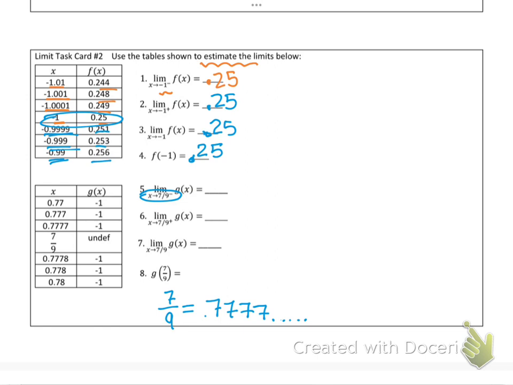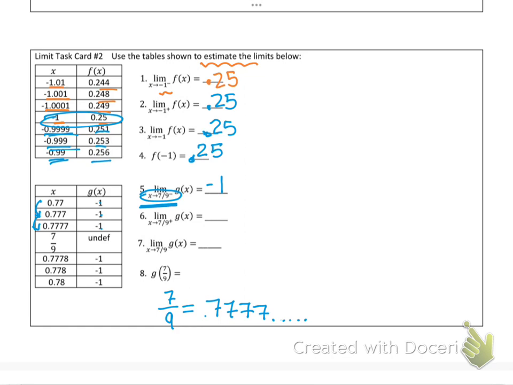So these values in the table are approaching 7/9. So as we're approaching 7/9 from numbers smaller than it, that would be coming from the left, our y value is constant at -1. So it looks like our best estimate is that our y values are approaching -1.